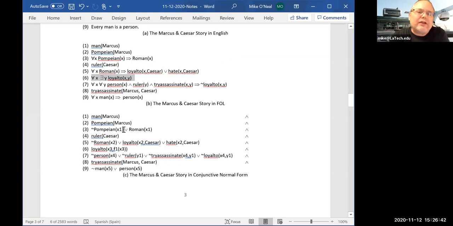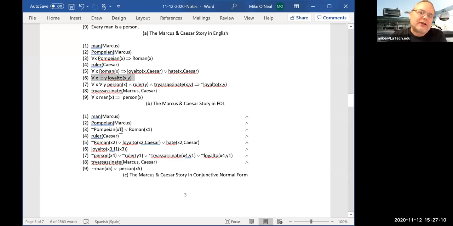One more word about why the universals are dropping out. Universal quantification is saying for all x, if x is Pompeian, then x is Roman. So it's basically saying any variable that you can find that makes Pompeian, that variable, true, you can conclude Roman with that same variable.